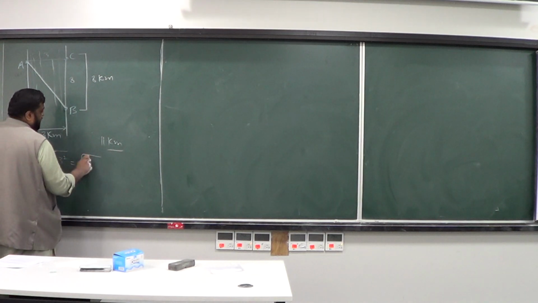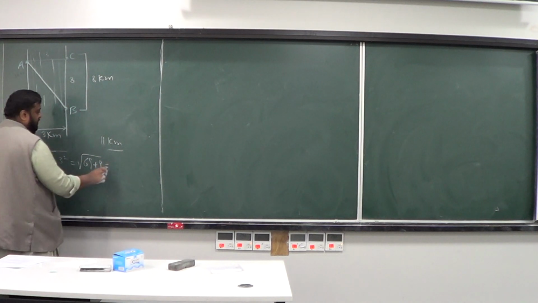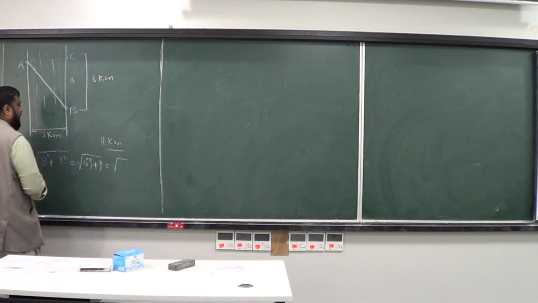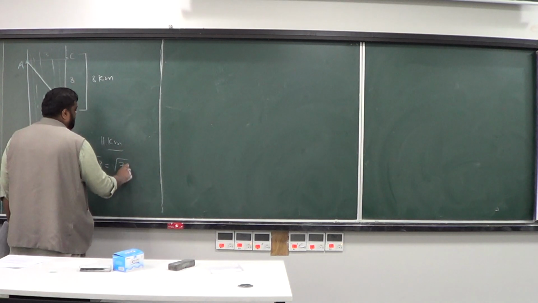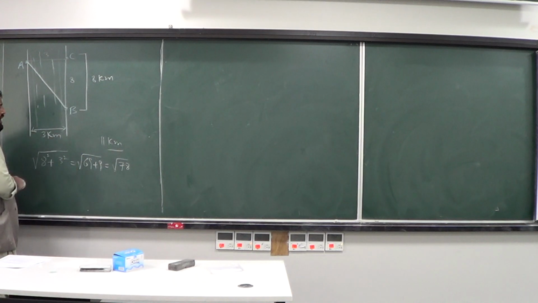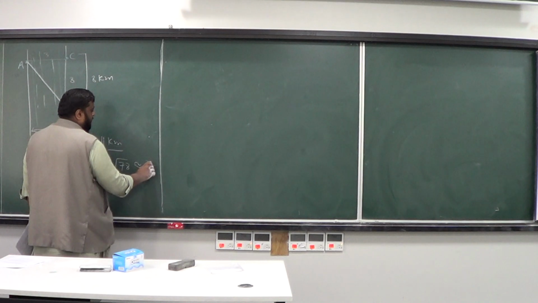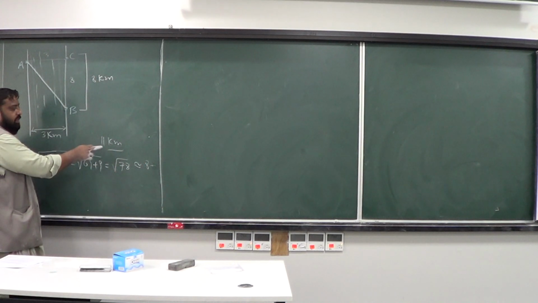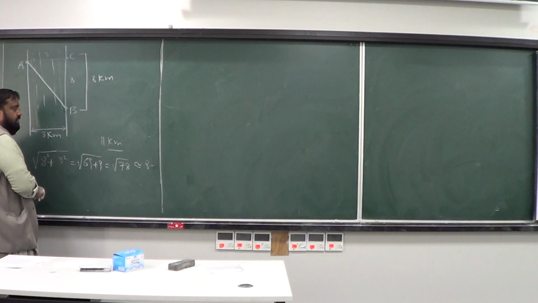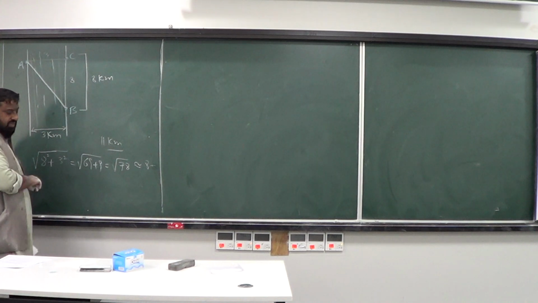So in other words, 64 plus 9, which is going to be 73, which is going to be 8 point something kilometers, because 9 squared is 81. So that's one way to approach the point B.